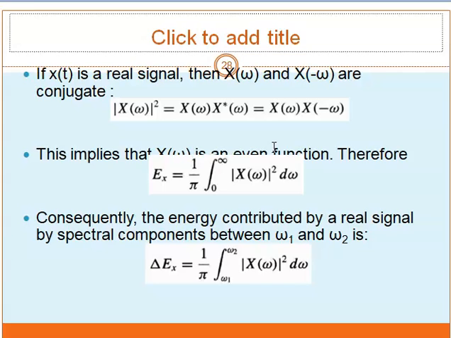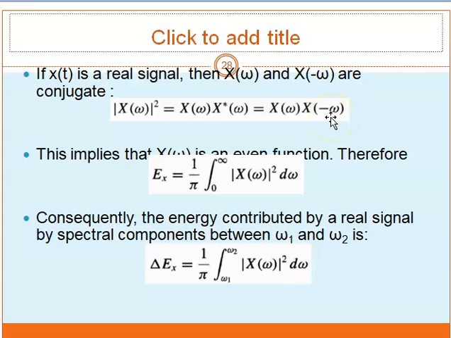If x(t) is a real signal, then X(ω) and X(minus ω) are conjugates. Here, the magnitude of X(ω) squared is equal to X(ω) times the conjugate of X(ω). We already know that the conjugate gives us the minus, so X(ω) times X(minus ω).